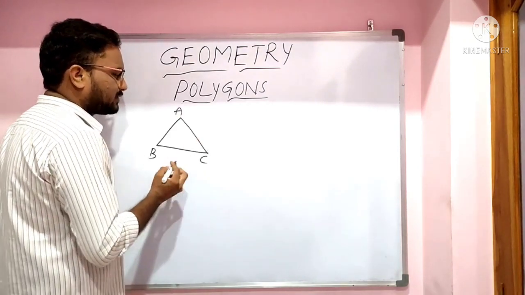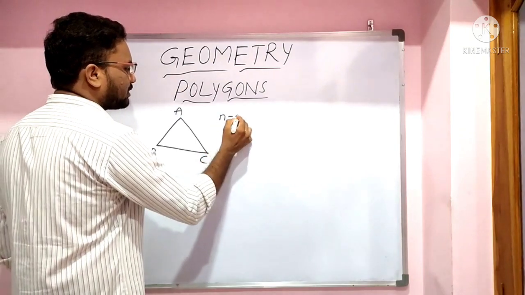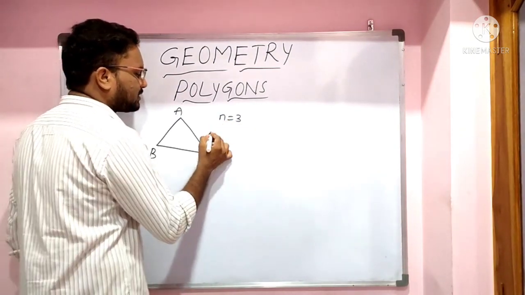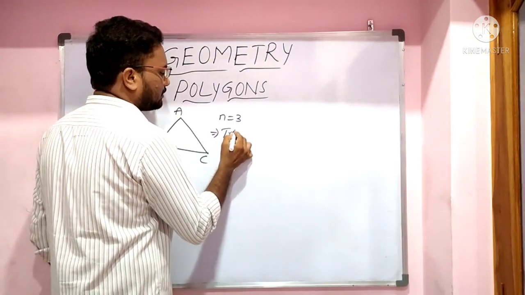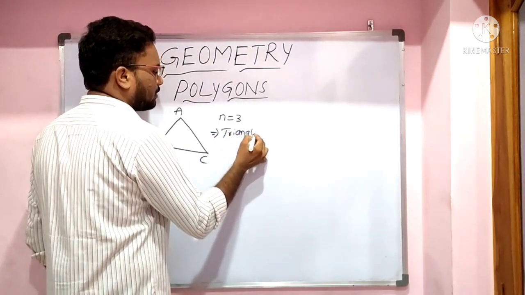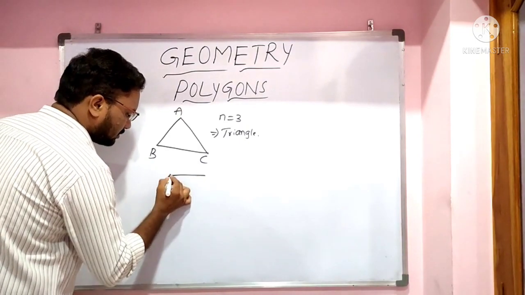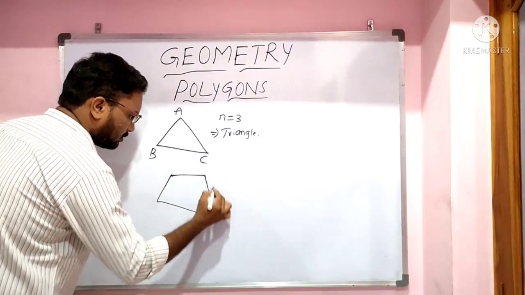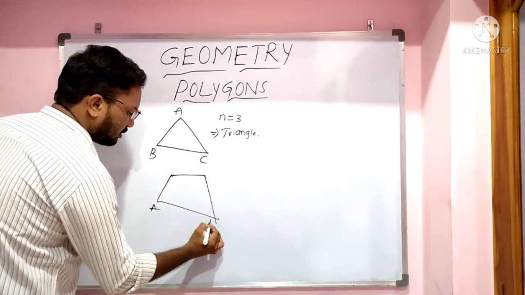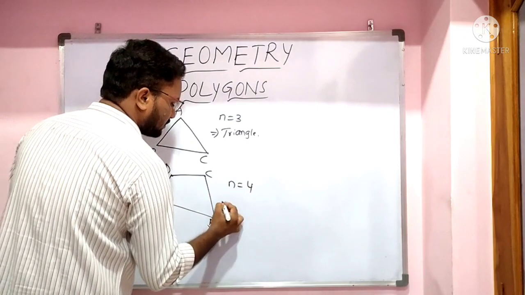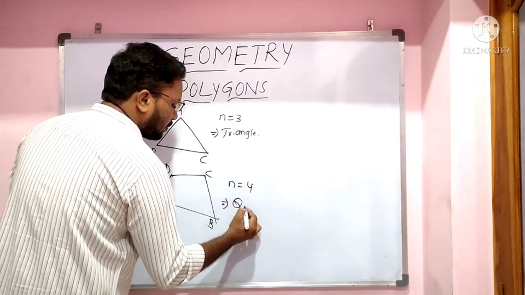If the number of sides equals 3, if n equals 3, then we will call it a triangle. If the number of sides equals 4, here the number of sides is 4, so n equals 4, and it is called a quadrilateral.